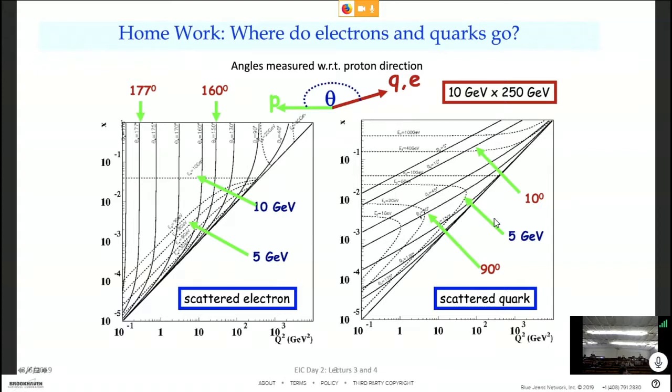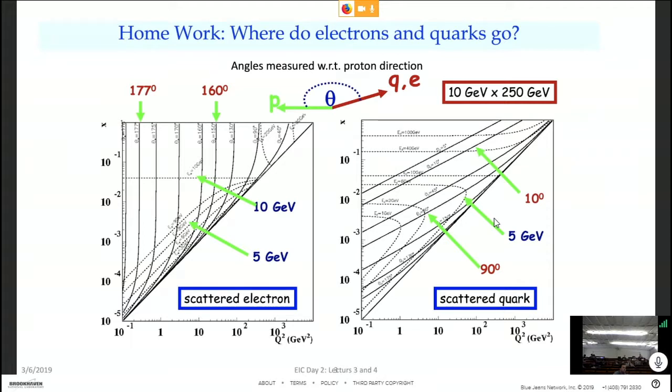And you can see that the energy of the scattered jets is typically always less than the total energy of the initial proton, because it's very hard to create energy more than 3 times the valence quark energy. So that's why you don't see quarks or jets which are higher than the center of mass energy.